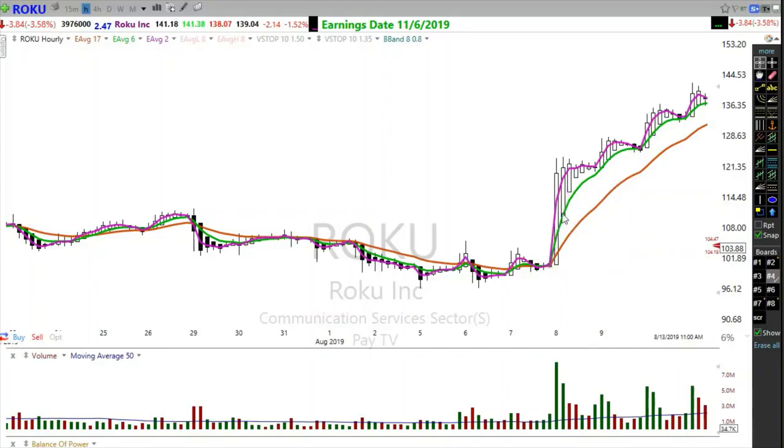Now, the question was about disguising gaps. If you look at Roku here, what you're going to find is this was a big gap right in here. That's one of the reasons why we don't want to chase the crossover. We want to wait for those entries in concise price action.